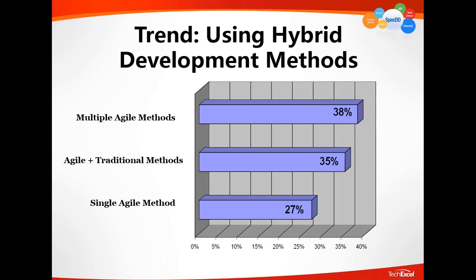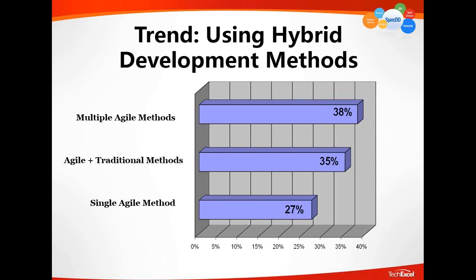But then this slide shows you something interesting, because the teams who are using agile often practice it with a hybrid approach: 38% of the agile teams are mixing multiple agile methods, and 35% are mixing agile methods with traditional methods. Only 27% of such teams rely on a pure single agile method.